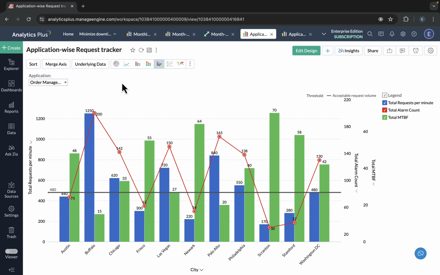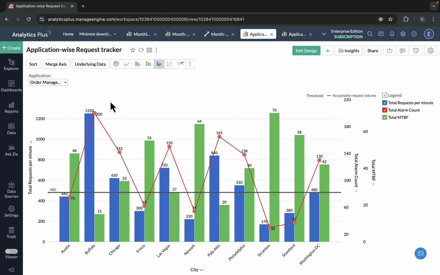The analysis currently displayed on your screen shows that in locations like Palo Alto, Philadelphia, Chicago, etc., the request volume has far exceeded preset thresholds, leading to a high volume of alarms. The number of requests per minute, as well as the alarms generated, is highest in the corporate headquarters in Buffalo, New York. The MTBF, or the mean time between failures, is alarmingly high in these locations due to the barrage of alerts occupying the alert landscape.